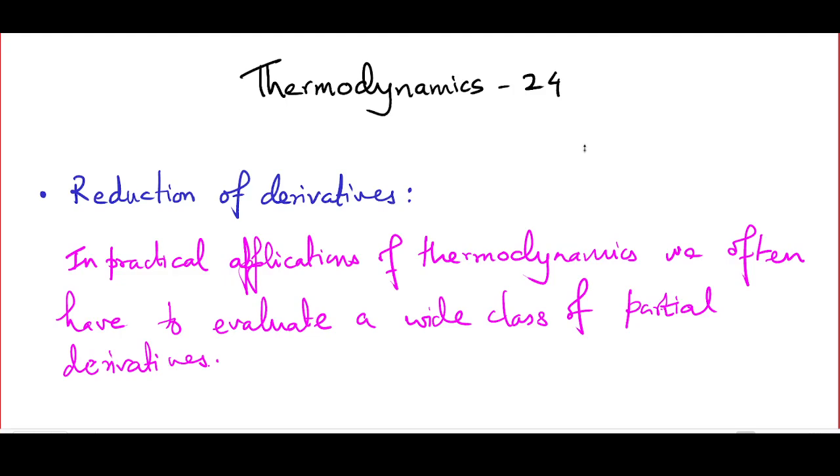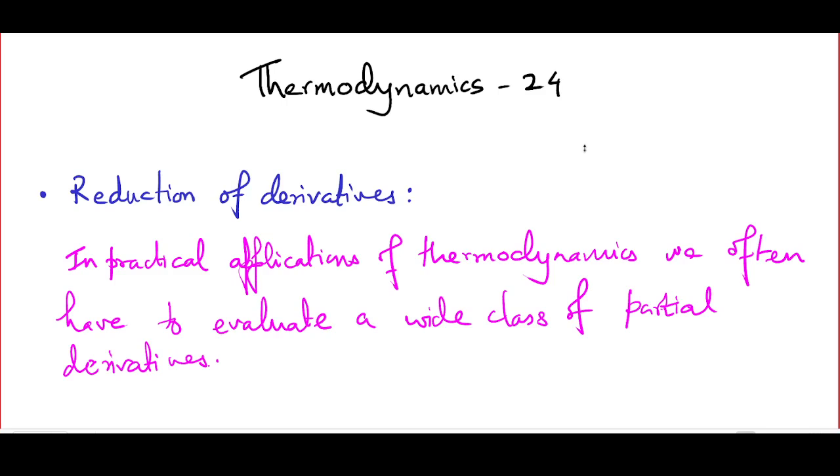During thermodynamic calculations, one thing that we often need to do is reduce derivatives. That is, in practical applications of thermodynamics, we often have to evaluate a wide class of partial derivatives and try to reduce them in terms of simpler forms. We had done that in the last lecture when we talked about Cp minus Cv, the difference between the heat capacities, or kappa T minus kappa S, the difference between isothermal and adiabatic compressibilities.